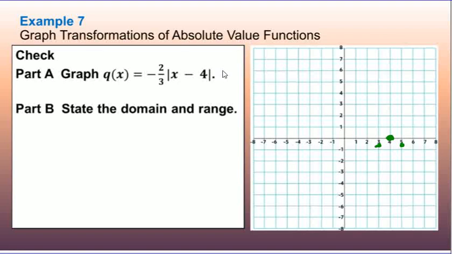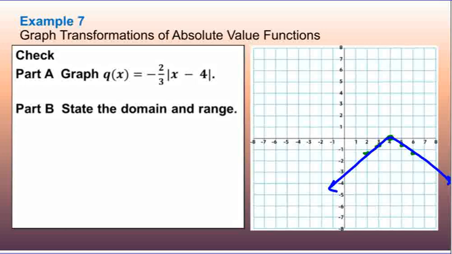Let's try putting a 6 in here. 6 minus 4 is 2, the absolute value of 2 is 2. 2 times negative 2/3 is negative 4/3, which is negative 1 1/3. So that'd be here and that'd be here. So I roughly have what I need.